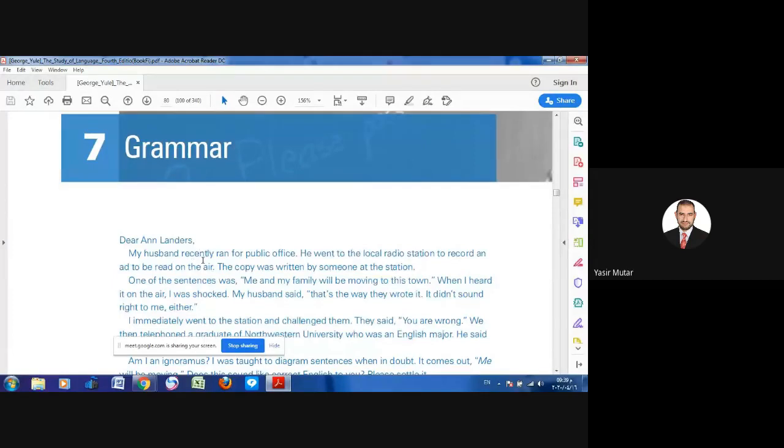In this lecture, inshallah, we'll try to study how to join those words together so that they would be sentences or acceptable sentences in the language. For example, the sentence as shown: my husband recently ran for public office.